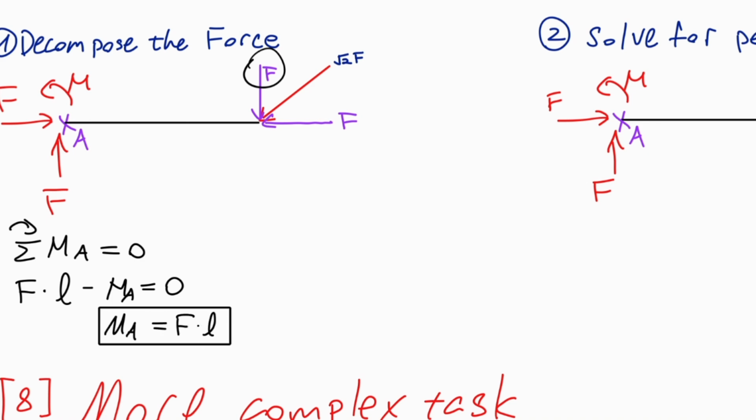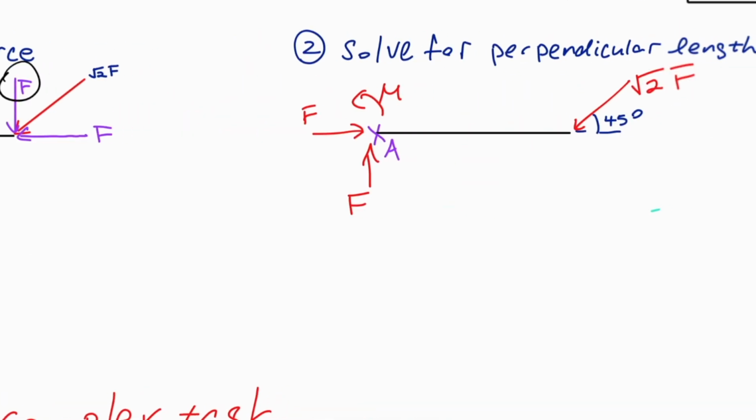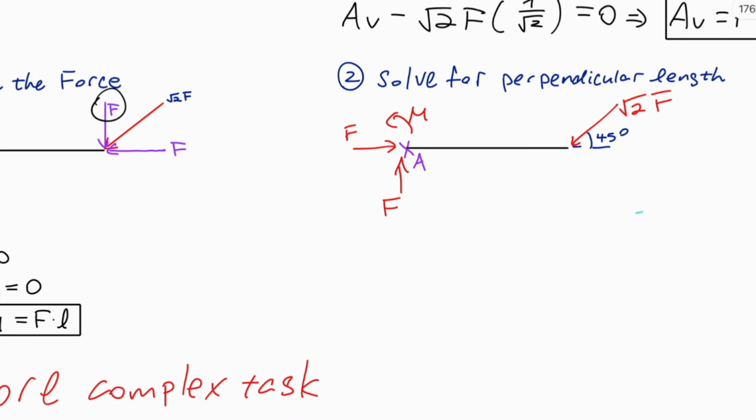The second method sometimes is easier. I would say generally do the first method, but sometimes it's easier to actually find the perpendicular distance of this force to the reference point. To do this, we just need some simple trigonometry. So 45 degrees, we'll continue this line. This is still the 45-degree angle, same angle as before.